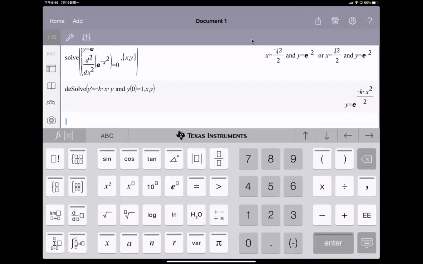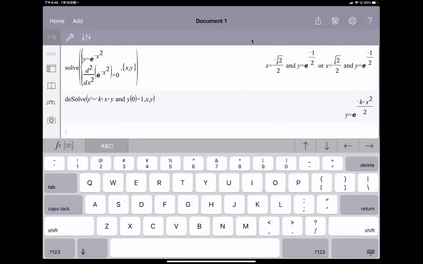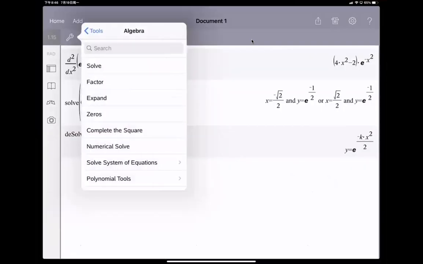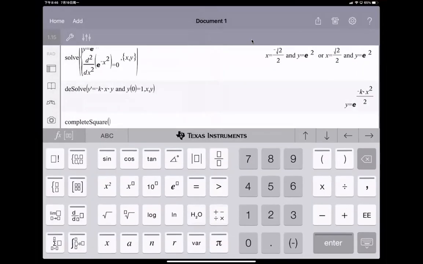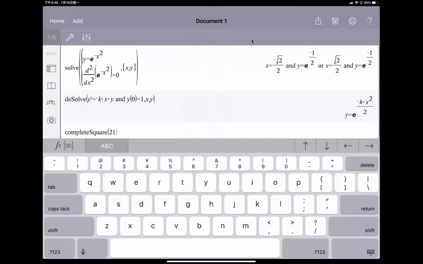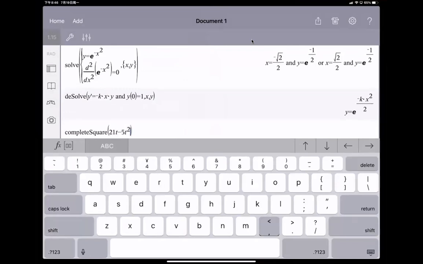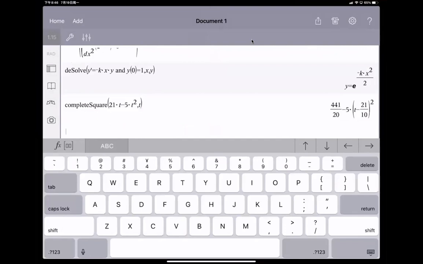If you complete the square for that one, let's do manual algebra. Complete the square, 21t take away 5t squared. So when t equals 2.1, the maximum height is 441 over 20.